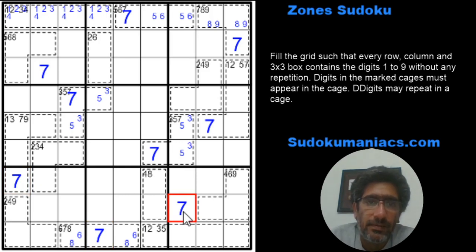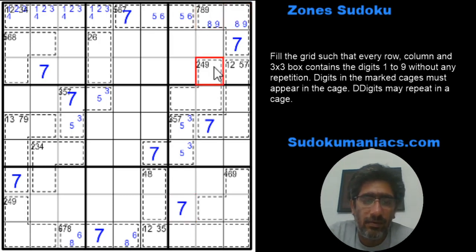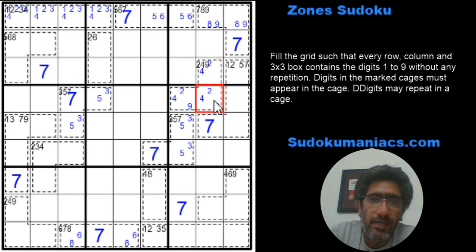Alright, now what next? Now, next, the 9 is locked in column 1, so this can only be a 2, 4. This becomes a 2, 4, 9. Right? This is a 5, 6, 8, so this is a 2, 6, which eliminates the 6 from there, and I get a 5.